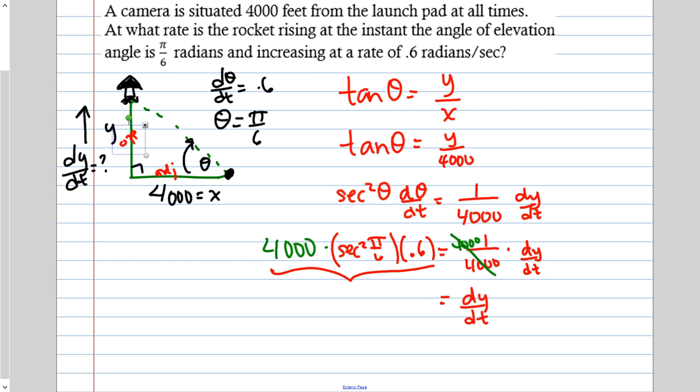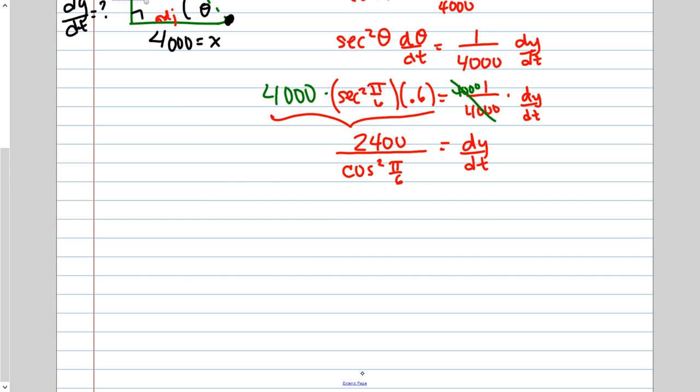You can combine the 4,000 times the 0.6, because that's just 2,400. And then the secant squared of pi over 6, I want to make that into cosine squared of pi over 6. But see, now it's in the denominator, so it's friendlier. That's if you want to. You don't have to. You could just leave it as secant squared pi over 6 and figure out what this equals.